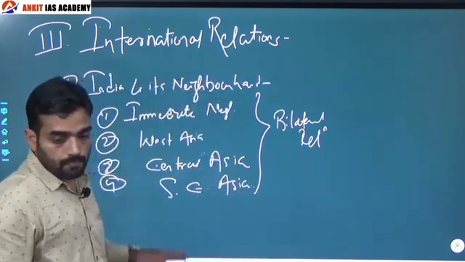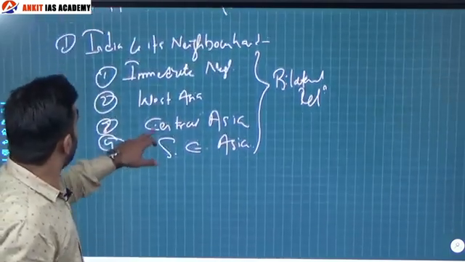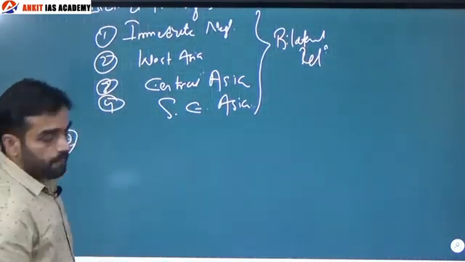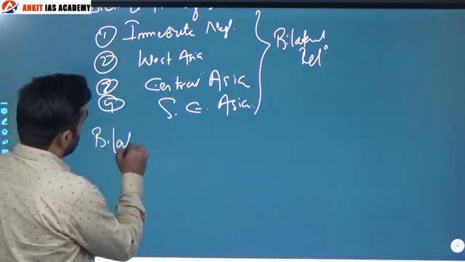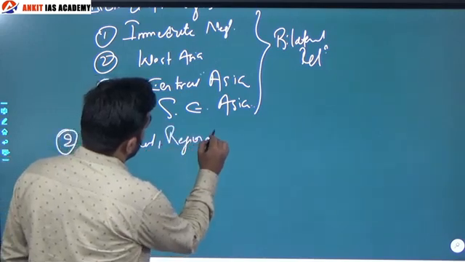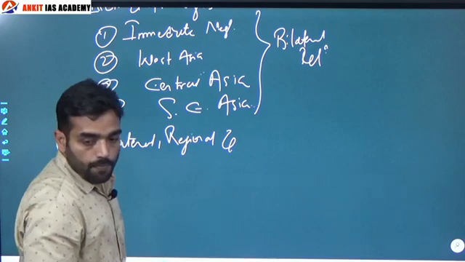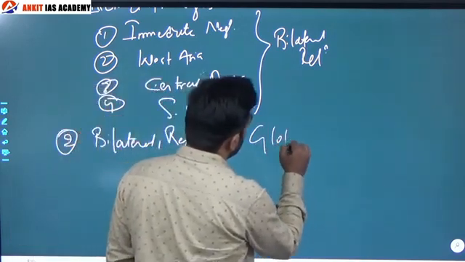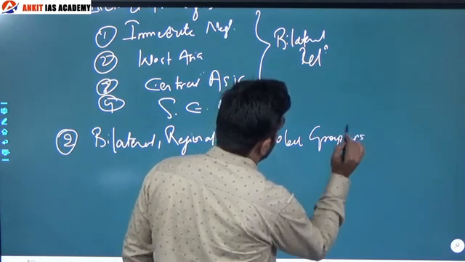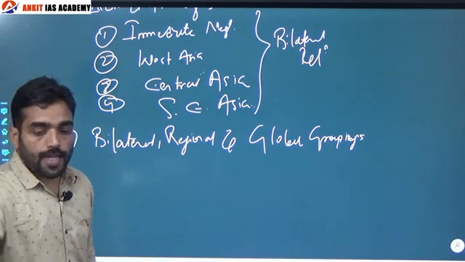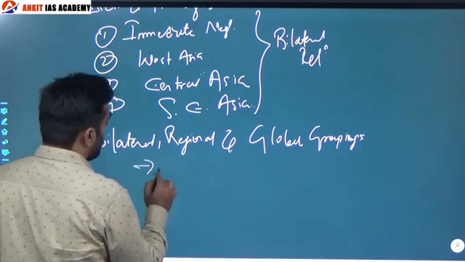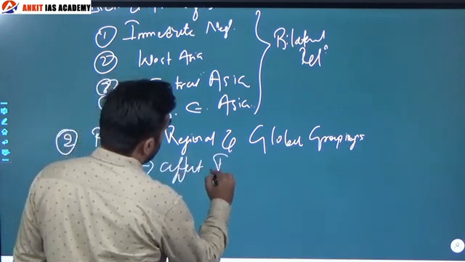Fine. Then the second part under international relations is bilateral, regional and global groupings and agreements that involve India and or affect India's interest.